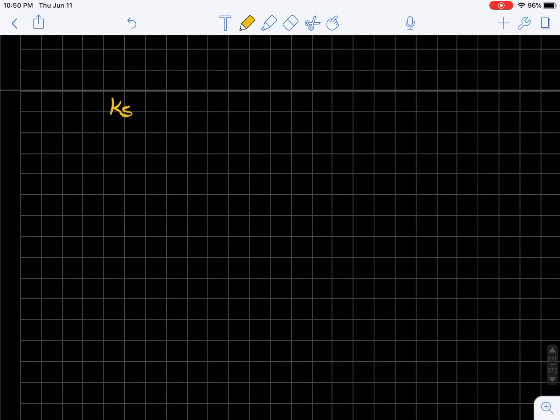All right, suppose we know that the Ksp for a certain salt is equal to 1.6 times 10 to the minus 14. And suppose the formula for that salt is A2B.